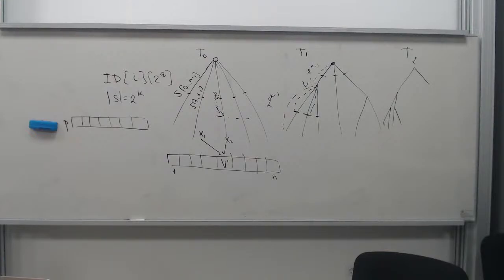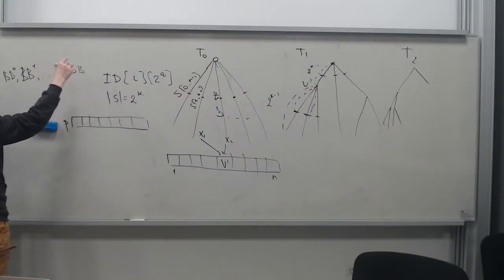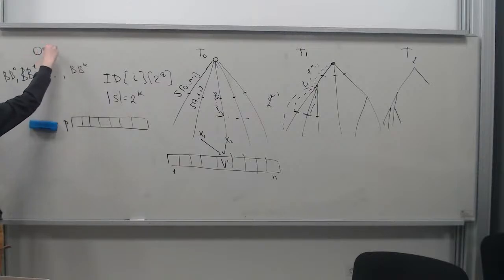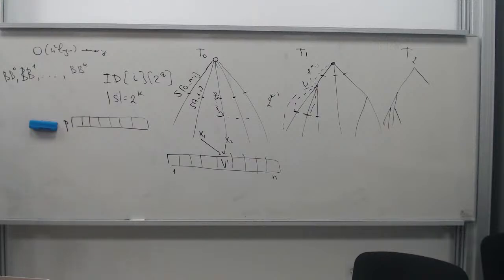I think I forgot to tell you something specially for that. Let's think that we run these identifiers in logarithmic time, and we have different BB arrays through the whole time: BB0, BB1, and so on. So here you already have n squared log n memory, which is not very good, but it is enough for us.